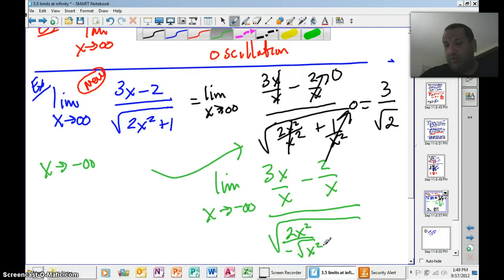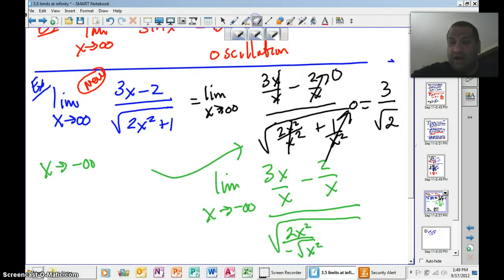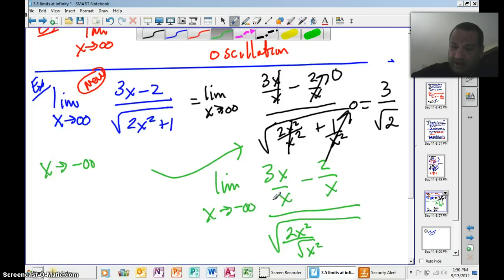Okay? I think the kids told me this: why don't you make the top one negative, and then the bottom, because it's in the square root, you keep it the same. So let's try that. Let's see if that works. These are ex-students telling me this worked out a little bit better.